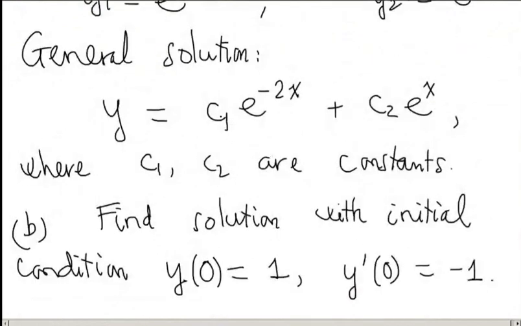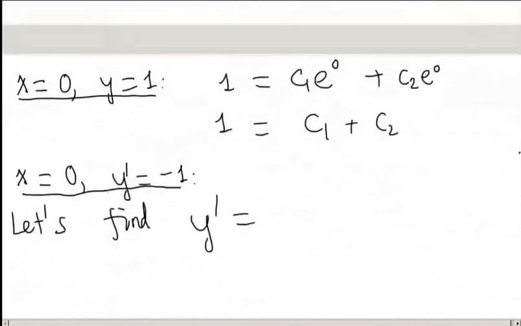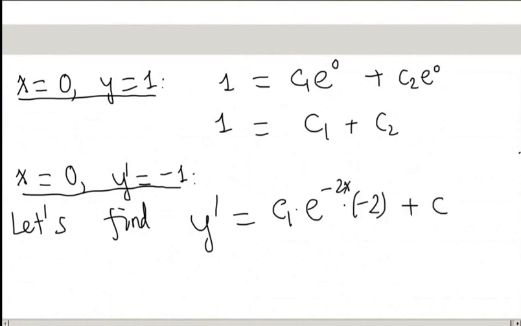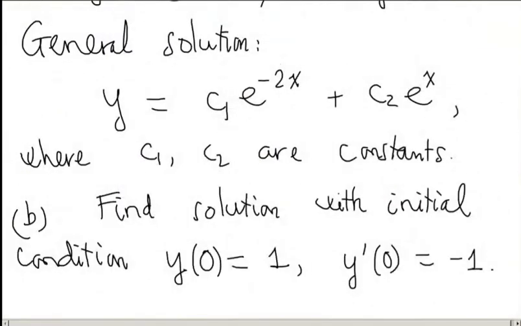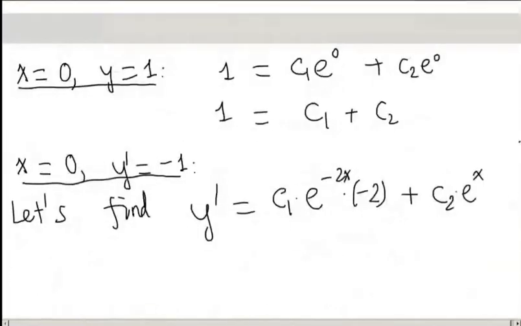Taking the derivative of this, keeping in mind that C1 and C2 are constants, we have C1 times e to the minus 2x times -2. Don't forget the chain rule. And C2 times e to the x. The second one is just e to the x, and the derivative of e to the x is the same. Now we can plug in x equals 0 and y prime equals -1.